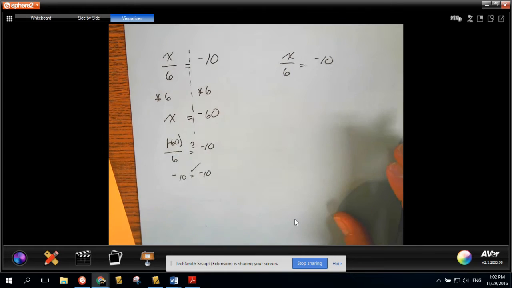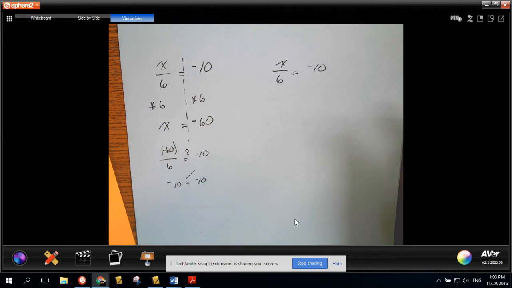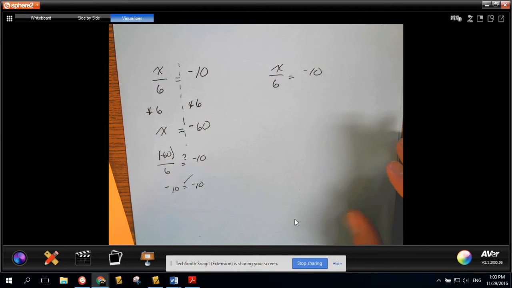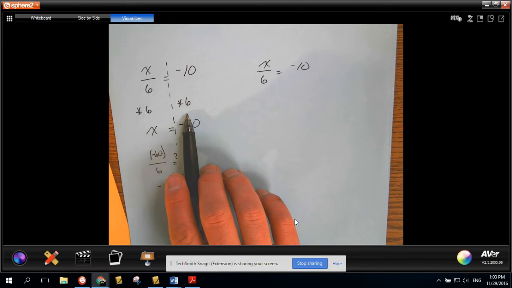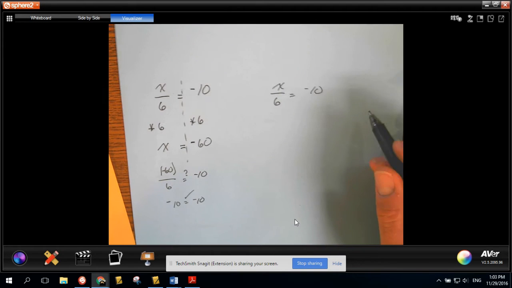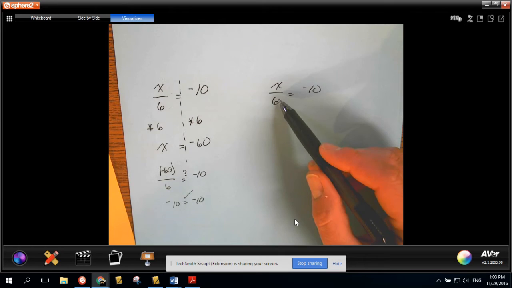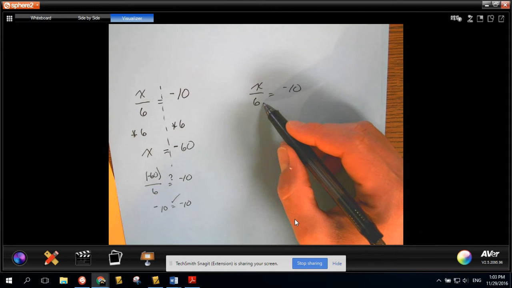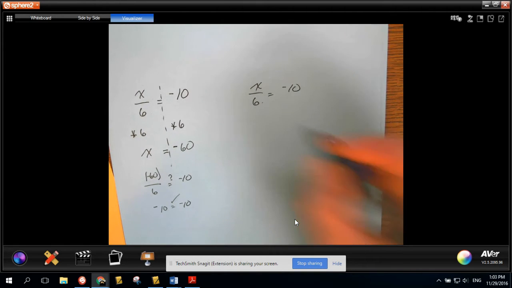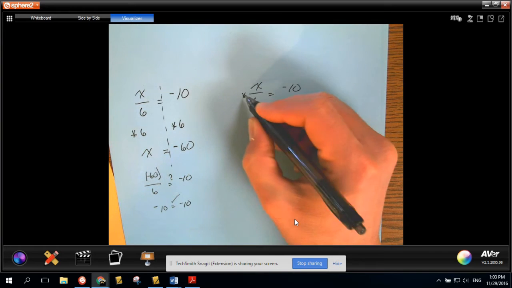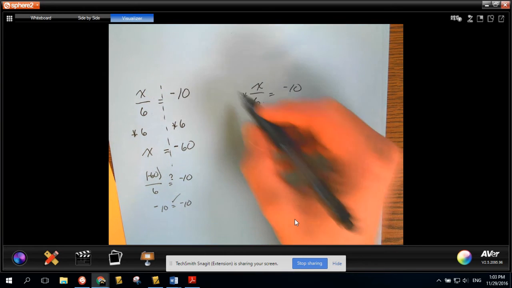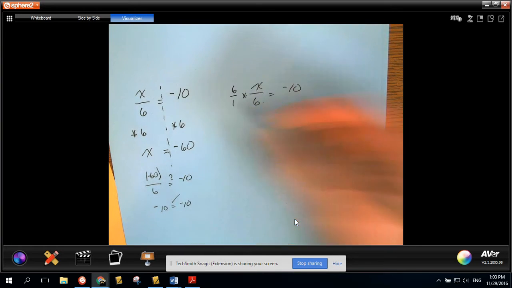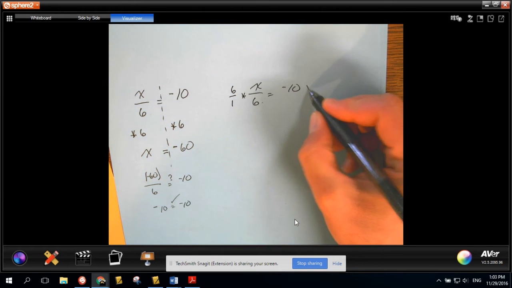Now there's actually another way that I like to do it that I think makes a little bit more sense. So rather than putting the times 6 down here, I like to think of this as a fraction. So this is x divided by 6, and what we're going to do instead of bringing the times 6 down here, we're going to write it right next to it. And we're going to make it a 6 over 1.